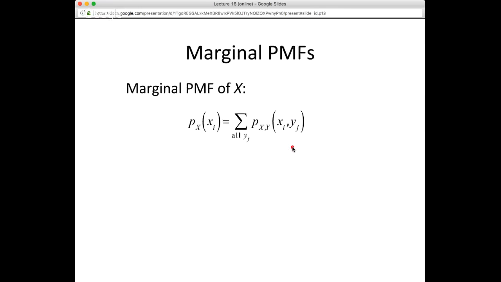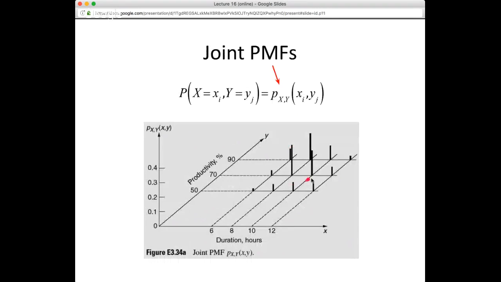If we come back to our plot, another way to think of this is that if we were interested in understanding the distribution of probabilities in duration, say, but we were only interested in how long it took to manufacture something given a productivity of 70%, we would essentially sum up the probabilities along this x-axis to get our marginal probability of y, and then divide that into the probabilities at each of these xy locations here.